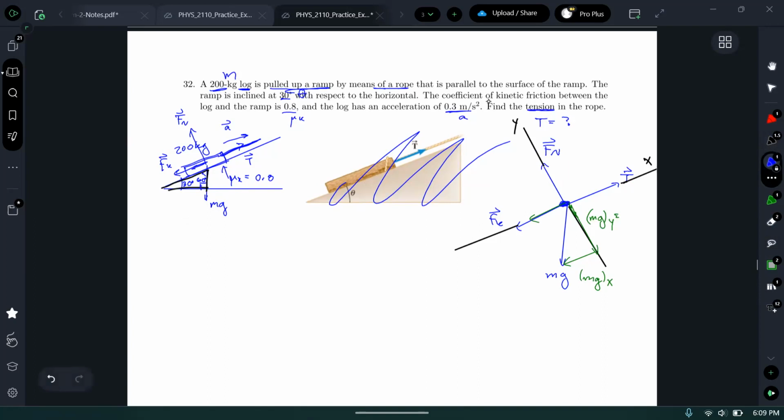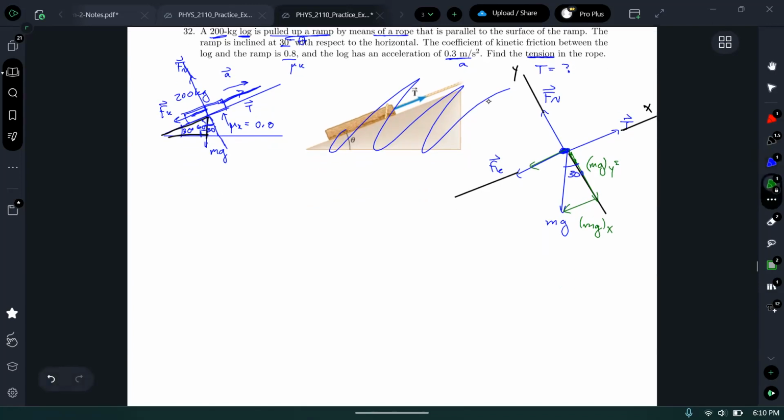And if that's 60, this axis, which the normal force is sitting on, is at 90 degrees to the surface of the ramp. And so that 60-degree angle I drew and this angle right here have to add up to 90, meaning this angle is 30 degrees. That's the one that goes over on my free body diagram. That's 30 degrees. Since mgx is opposite that angle, I use sine, mg sine theta. Mgy is adjacent to it, so I'll use mg cosine theta.